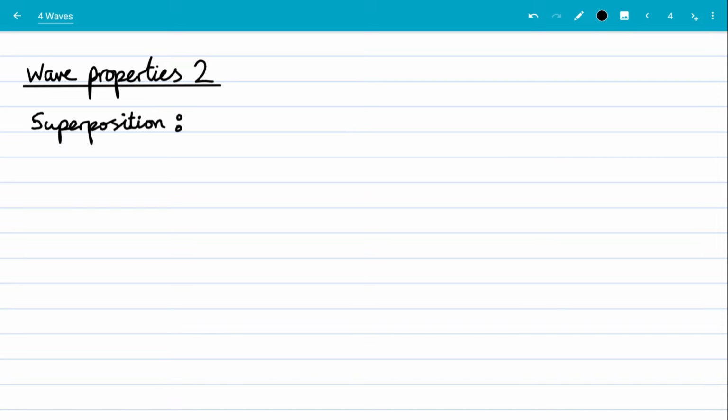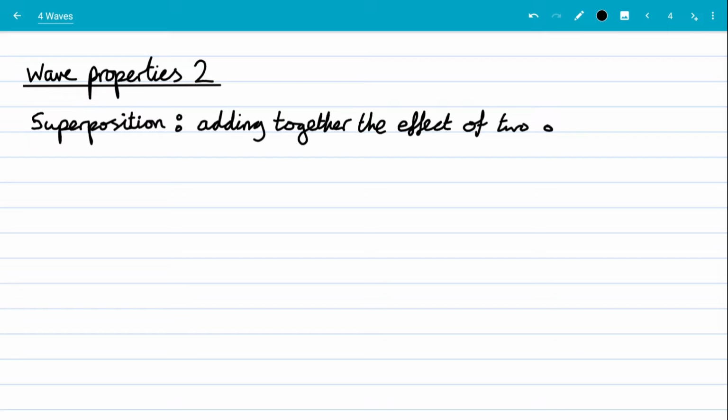So let's say superposition is adding together the effect of two or more waves. And that is what we mean by it.